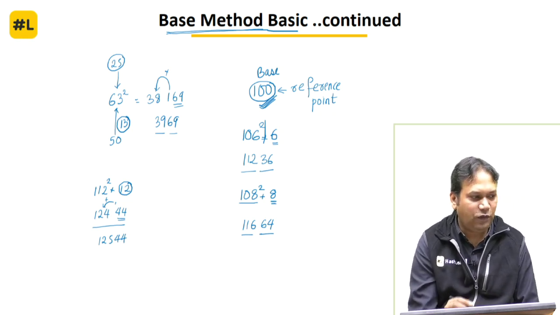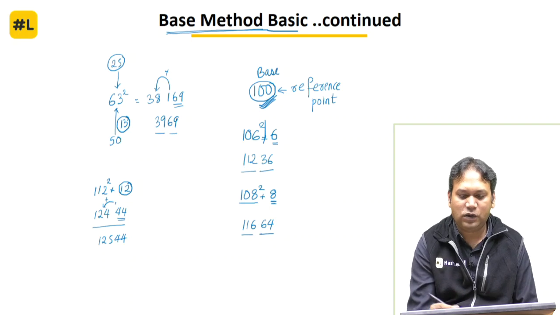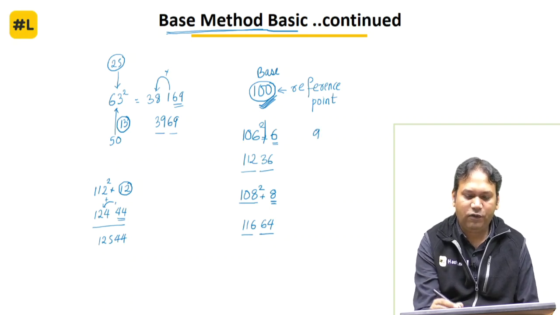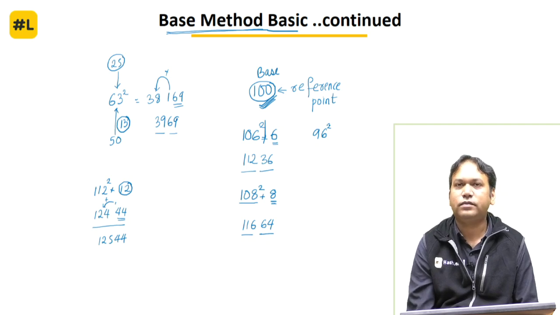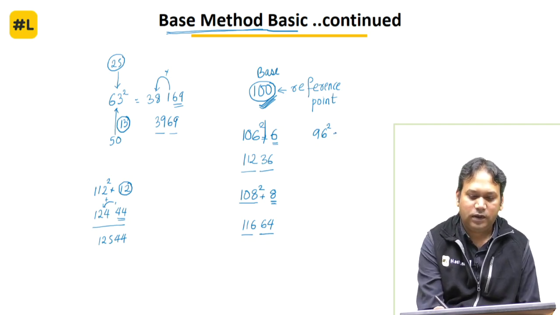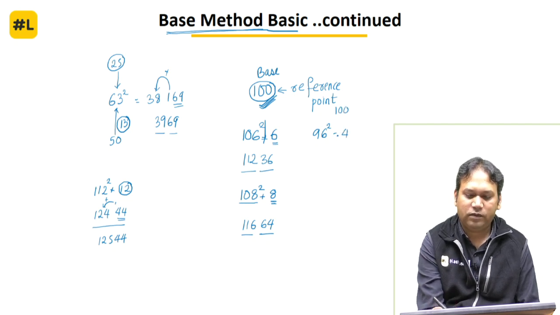The same thing we can do for numbers less than 100 also. Let us say I want to find out what is 96 square. Compare from 100, how much less? 4. So minus 4, 96 minus 4.